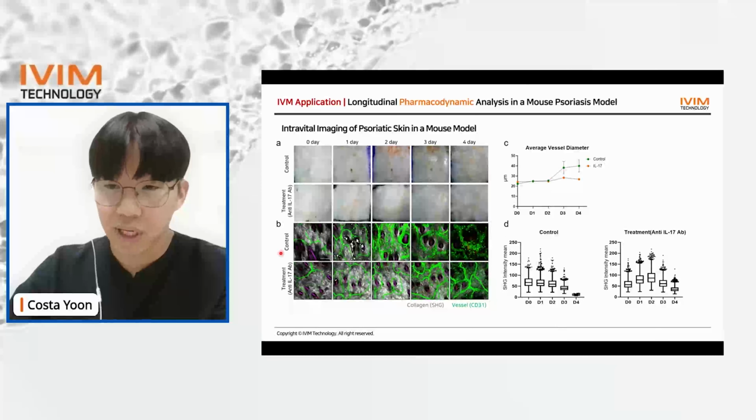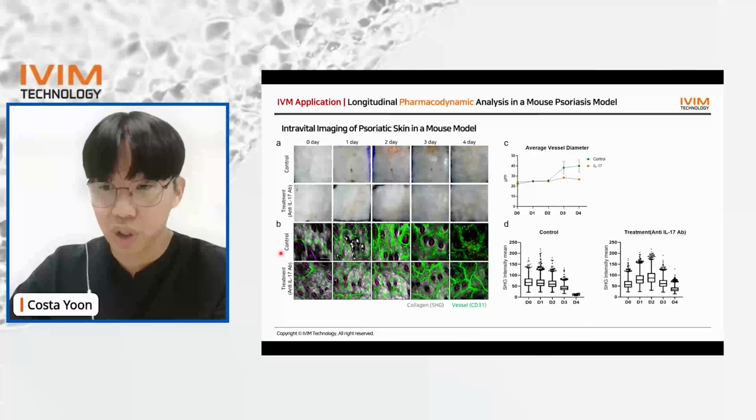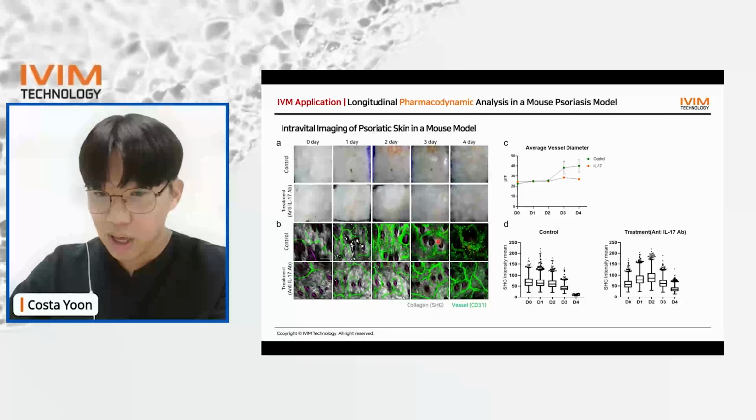This macroscopic improvement was also consistent with the intravital microscopy result. In these images, the white signal represents collagen and indicates the dermal lesion, while the green signal represents blood vessels. In the control group, vascular dilation became apparent from day 3 and was maintained through day 4.